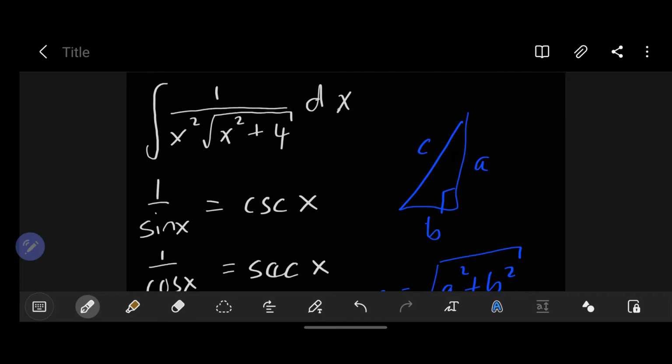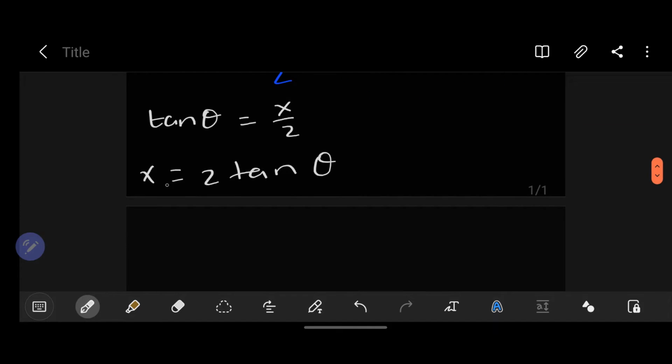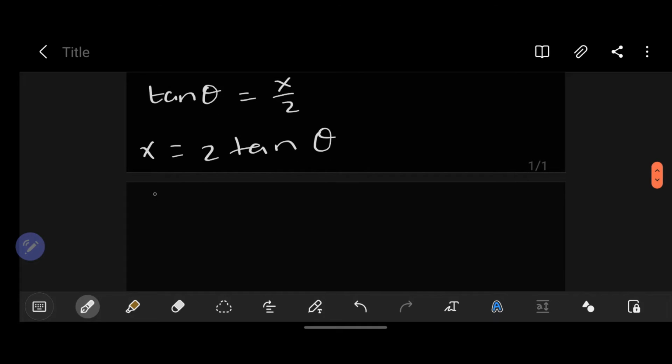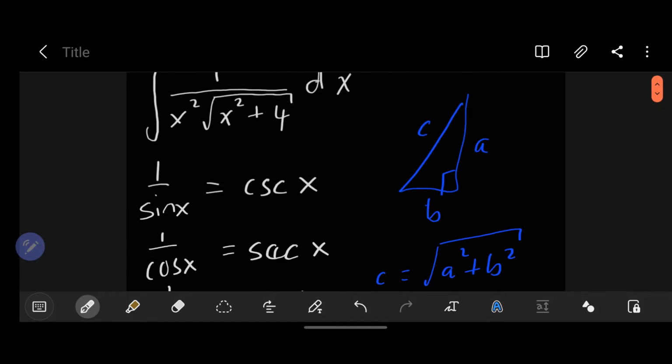So I need something with d theta basically. In order for me to get d theta, I need to take the derivative of this in terms of theta. In doing that, I'll have dx is equal to 2 secant squared theta d theta. So now I have dx.